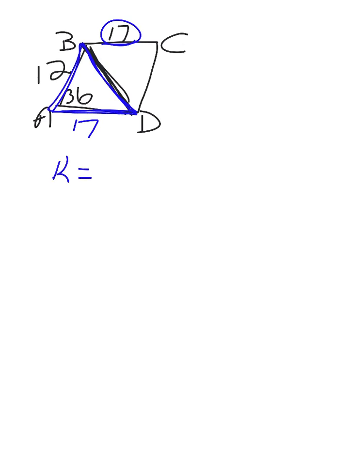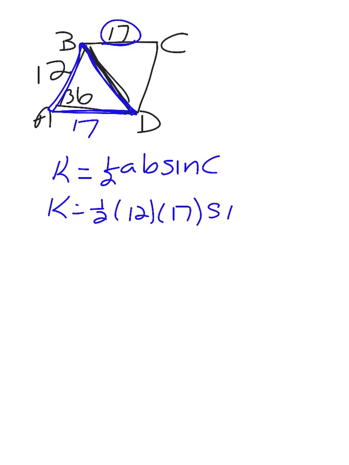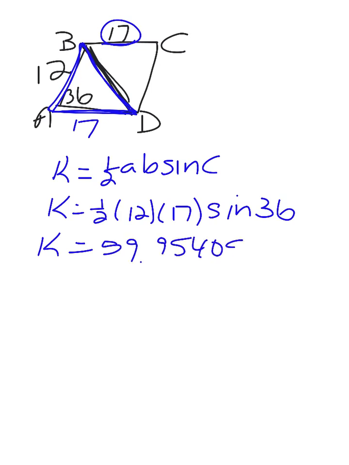K is equal to 1/2 ab sine C. So K is equal to 1/2 times 12 times 17 sine of 36. You could just plug that into your calculator all at one time, and we get 59.9540953.